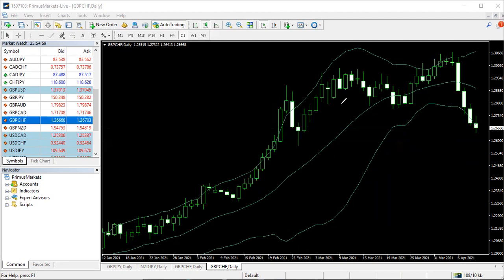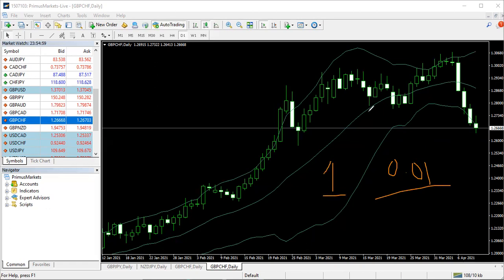Now, to those of us who have an account balance of less than $100, maybe $10 or $20 or $30 or $40, please go with a lot size of 0.01. That is your best bet, 0.01, and you place just a single trade. That is what you need to do.